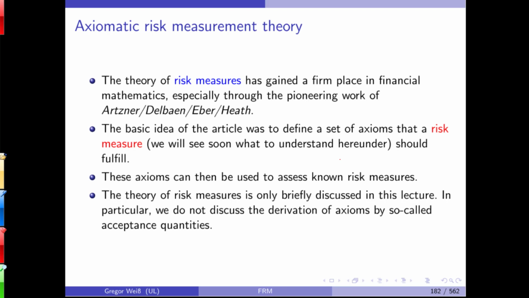The theory of risk measures, the mathematical theory, dates back to one famous paper from 1999, published in 2000, in Mathematical Finance by Artzner, Delbaen, Eber, and Heath. Those are financial mathematicians, and they came up with one paper. It's called Coherent Measures of Risk.